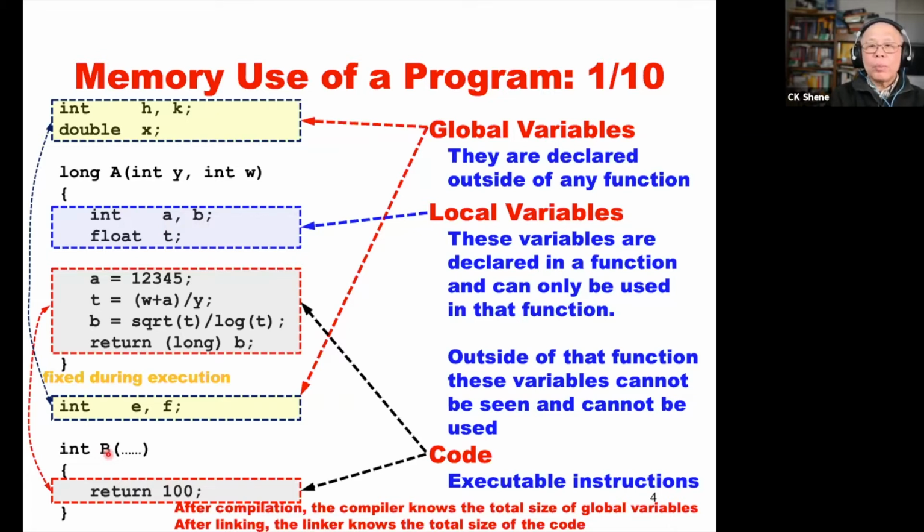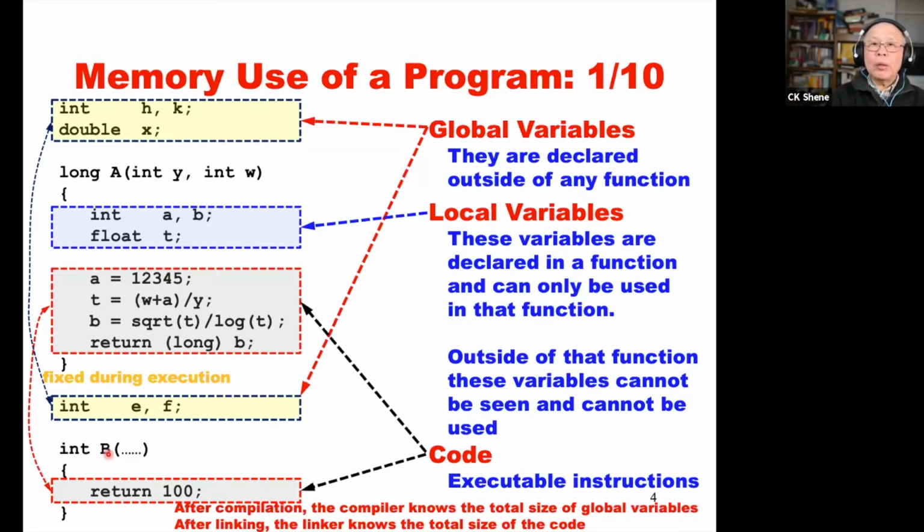So this means local variables can only be used in the function where you make the declaration. Outside of the function, they cannot be used. Even though in two functions you declare two variables, one in each function with the same name, they are two different things.